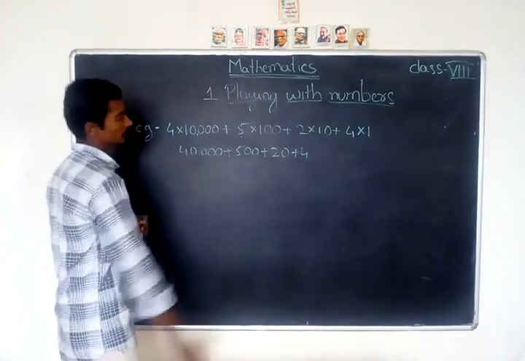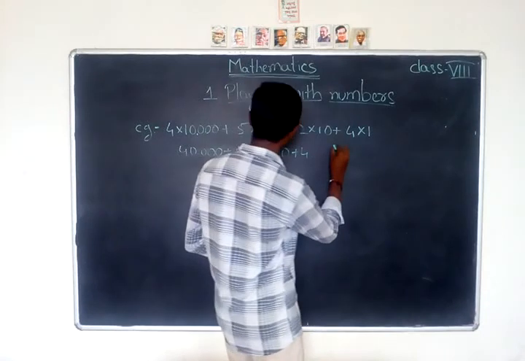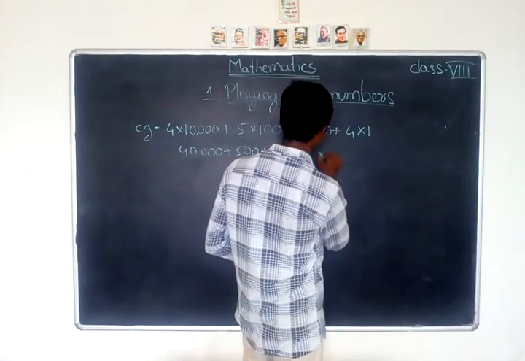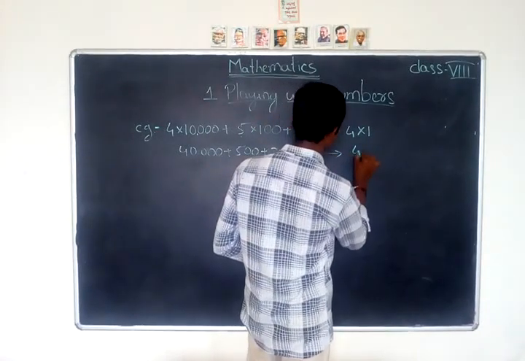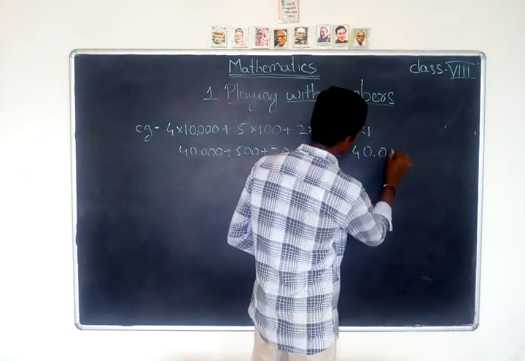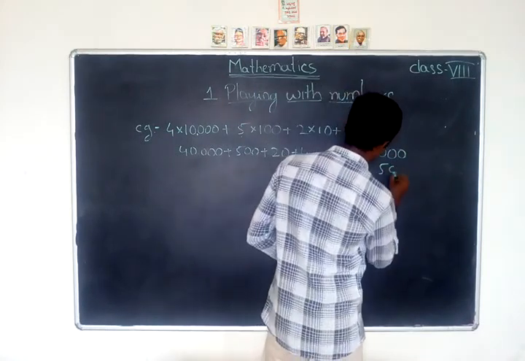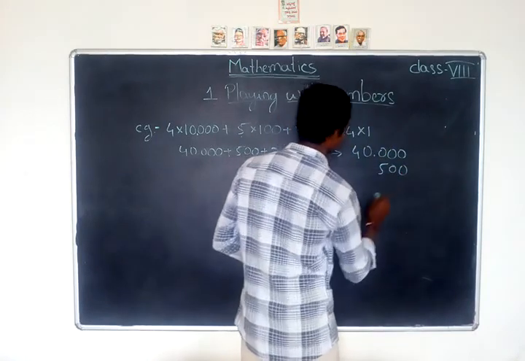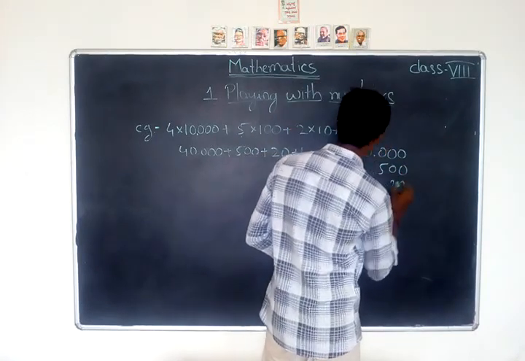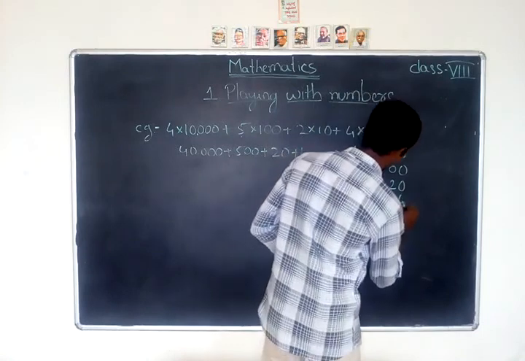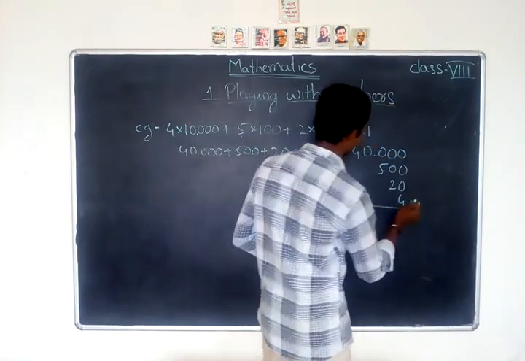Now add all these numbers. So it is 40,000 plus 500 plus 20 plus 4.